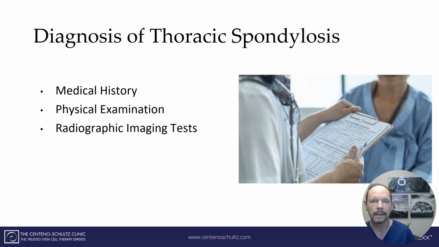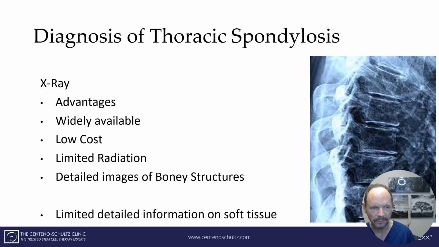So let's talk about radiographic studies that can help with the diagnosis of thoracic spondylosis. X-rays are readily available. They are low cost. There's limited radiation, and they give you a good idea of the bony structures. That's right, the bone. As you can see here, you can see the vertebral bodies, those are basically the building blocks of the spine.